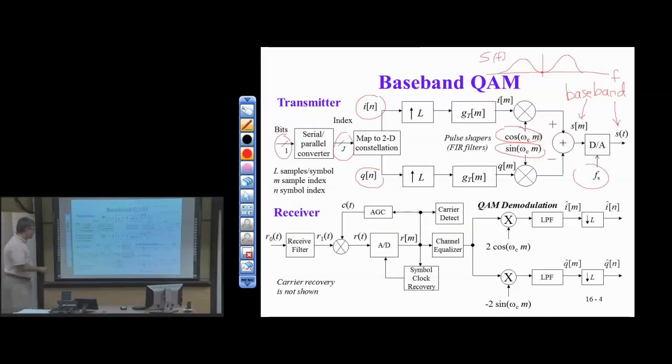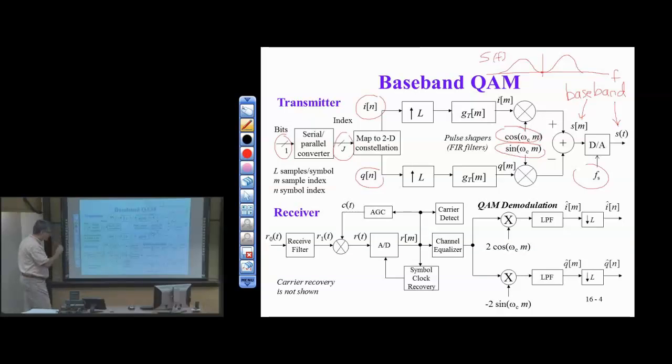Now, for the receiver side, we've got 2 different ways to look at this, and they're both interesting and complementary. The first is the signal path. If I look at the received signal, r0(t), it's going to undergo a series of, really mostly filtering, honestly, some version of filtering all the way through this signal path.